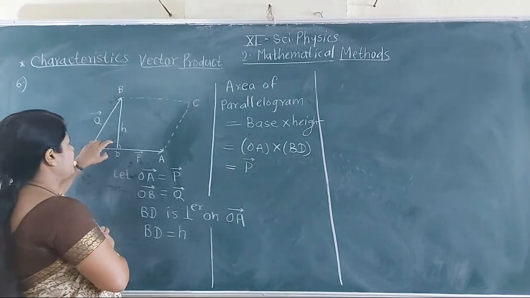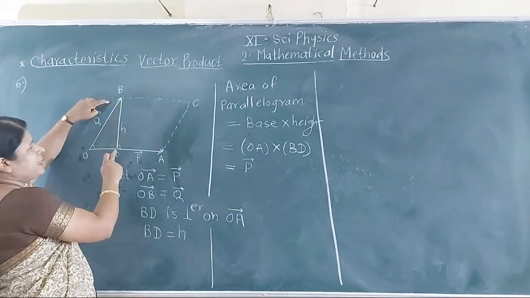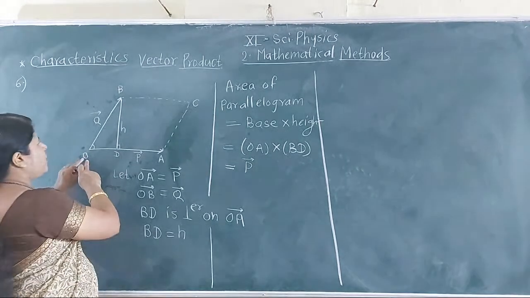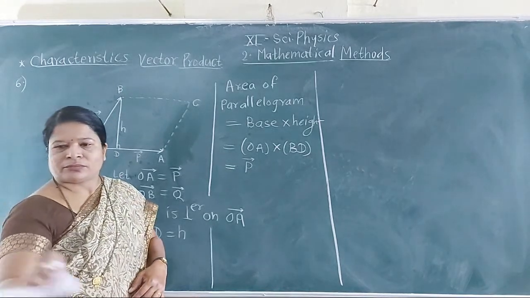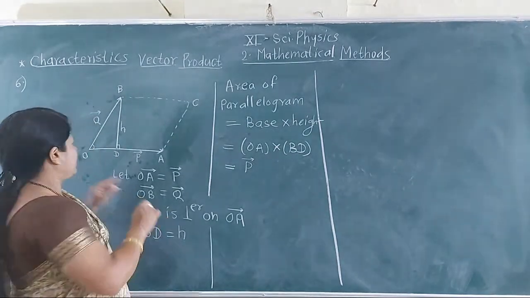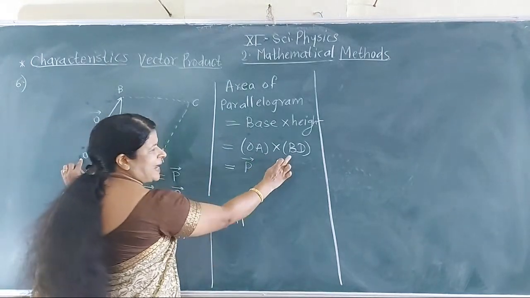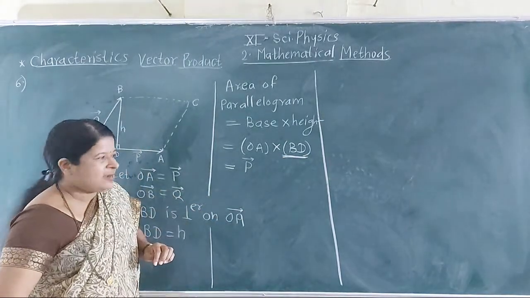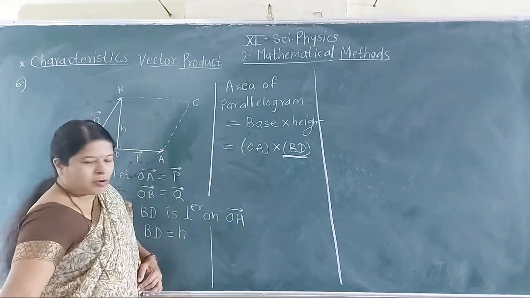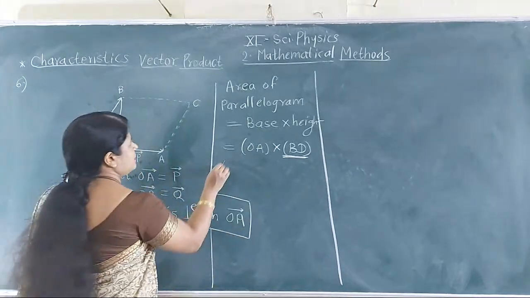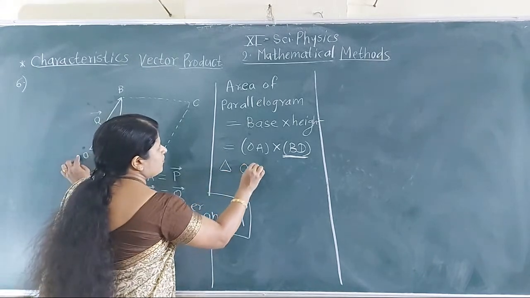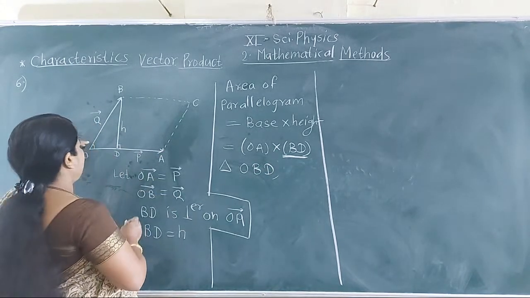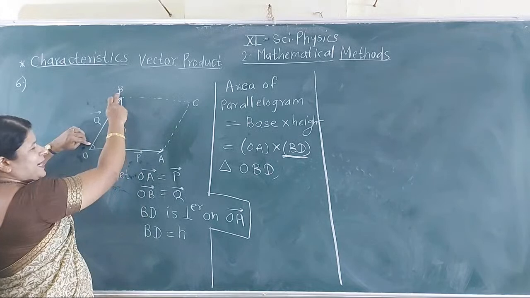Now BD is equal to H, but in a triangle ODB we have to find out the value of BD. For that we consider triangle OBD. In triangle OBD, we have to find out side BD.